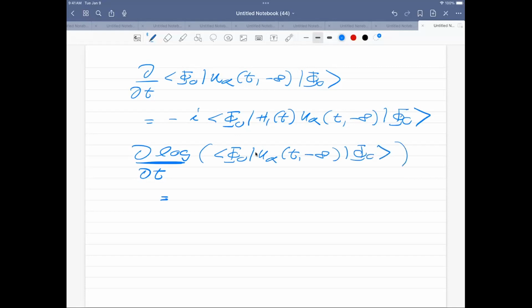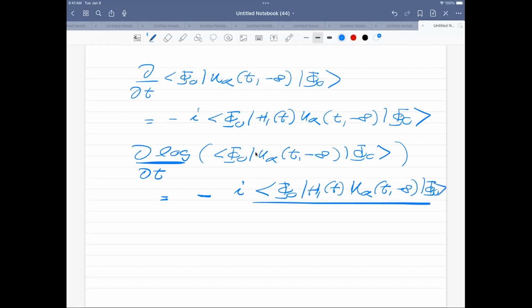This is the same as minus i, and then I have my phi 0 of h of I of t multiplied with u of alpha of t minus infinity multiplied with phi 0, divided by phi 0 of u of alpha of t minus infinity of phi 0.